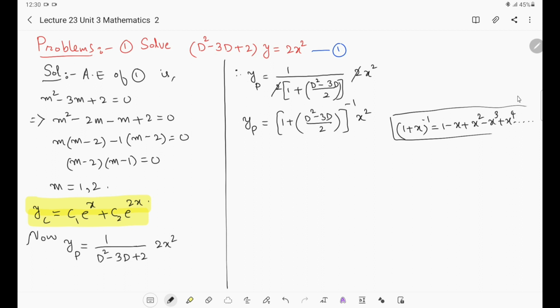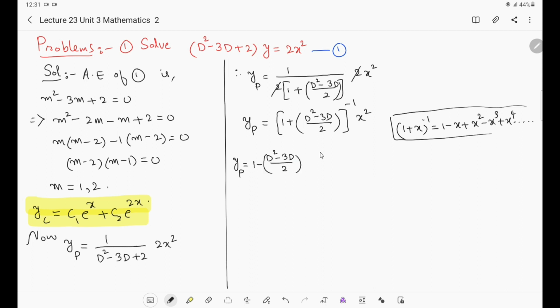Just now we have noted down 4 formulas. Out of that I am going to use this, 1 plus phi of d, 1 plus x. So expand this by using this formula, where in place of x we are having d square minus 3d by 2. So what we will get? Therefore yp equals 1 minus x, where x is d square minus 3d by 2.